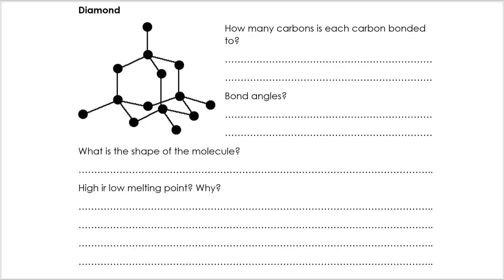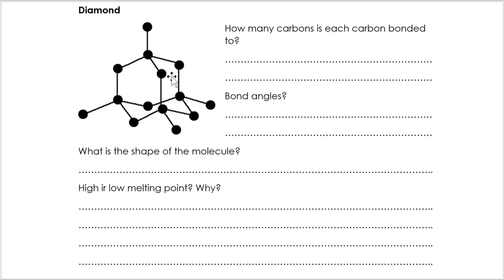So now let's focus on diamond, one of the key giant covalent structures that we learn about. Have a go at these questions. And this also fits in quite nicely with the shapes of molecule work that came up earlier within this topic. So how many carbons is each carbon bonded to? Now you must remember that this is only a tiny fragment of a diamond.